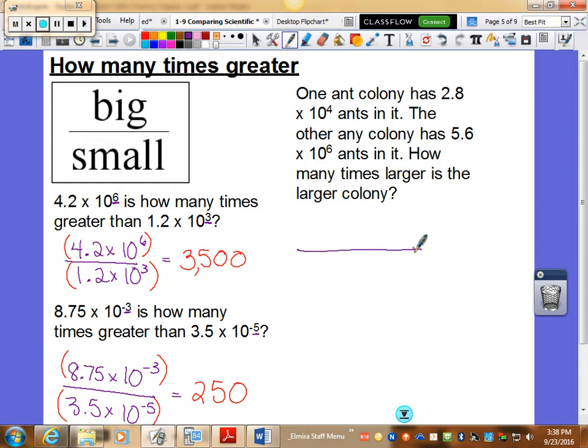So the larger colony has the larger exponent, 5.6 times 10 to the 6th, and the smaller, 2.8 times 10 to the 4th. Parentheses. And you get an answer of 200.